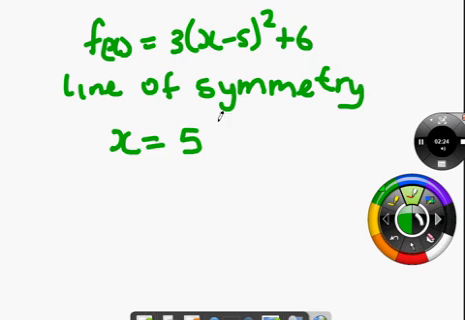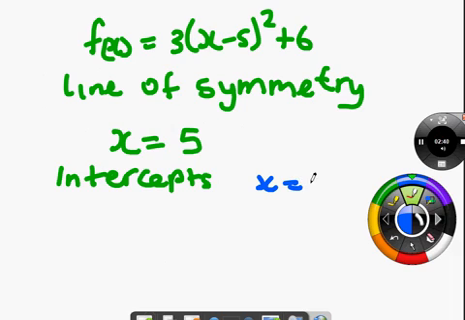Now, once you've done that, the next thing you want to do is to find your intercepts. And our first intercept is when x is equal to 0 as usual. And you substitute.